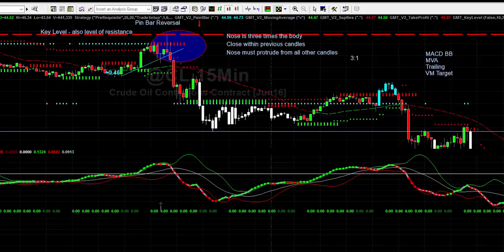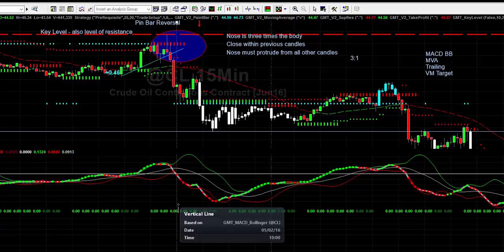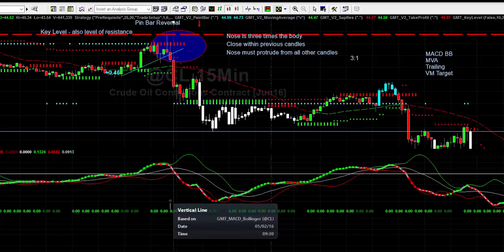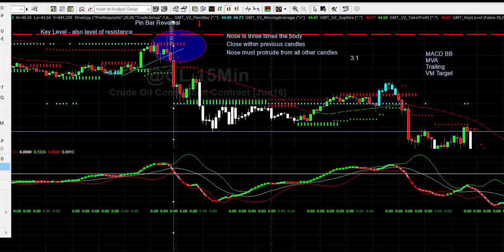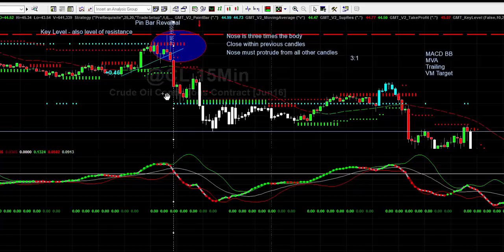So if our initial target is set at, say, let's pick the point where we get into the market, and we'll bring up our data window, because that's obviously going to help us to determine what our values are. So if we look at our value here, we'll bring that up.